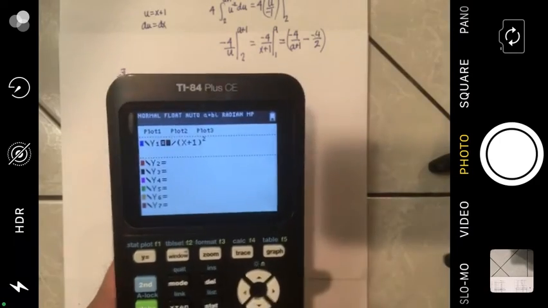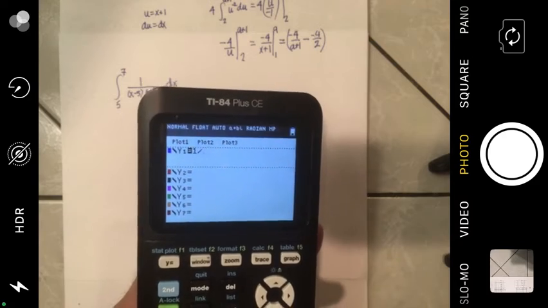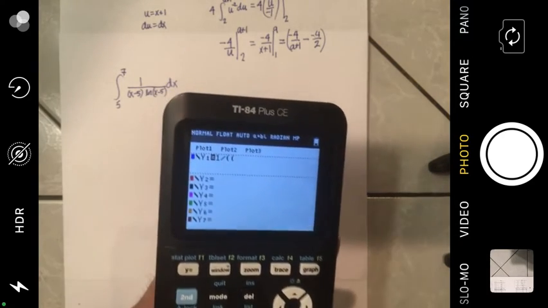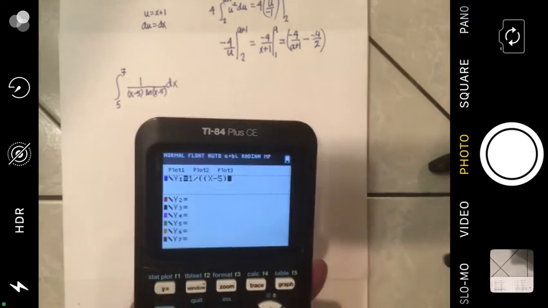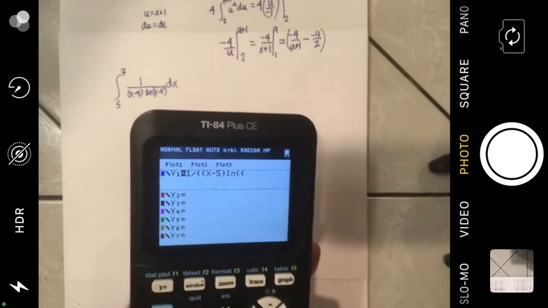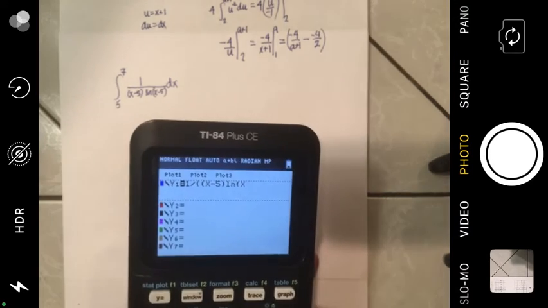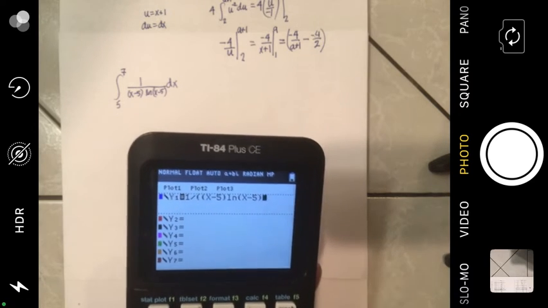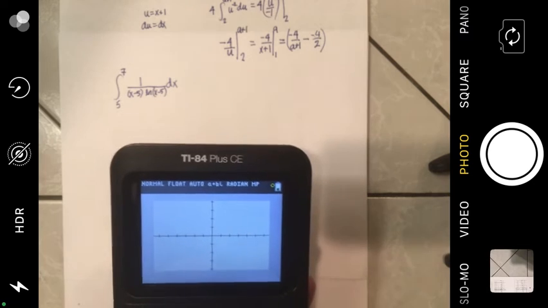So I have 1 divided by parenthesis, x minus 5, close parenthesis, ln, parenthesis, it already does a parenthesis, x minus 5, close parenthesis, graph.